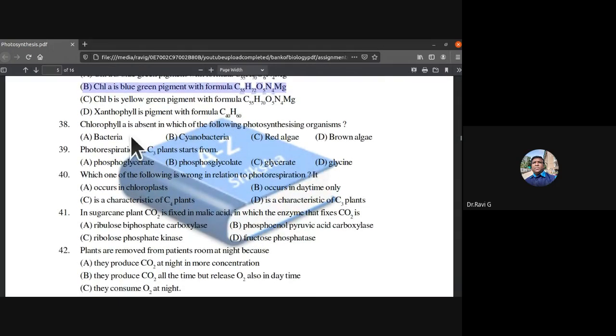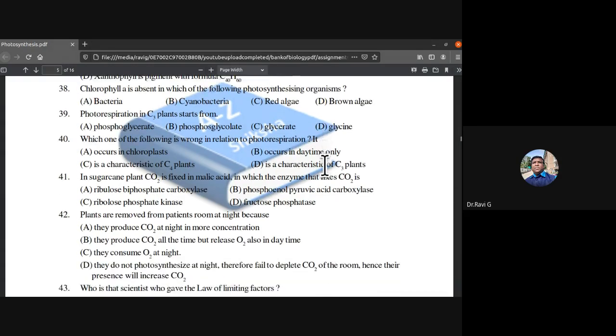Chlorophyll A is absent in which of the following photosynthesizing organisms?